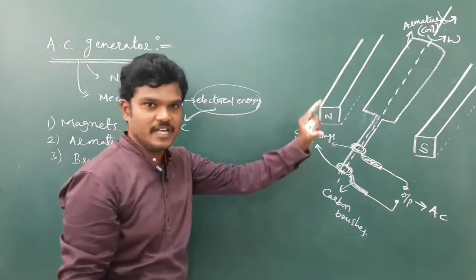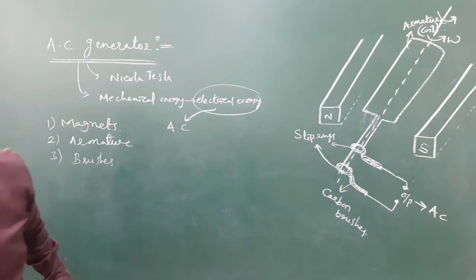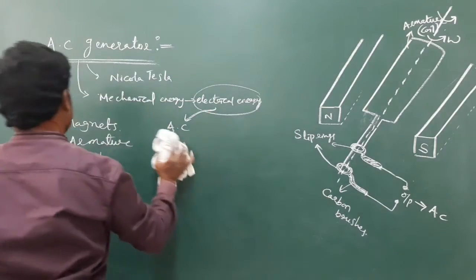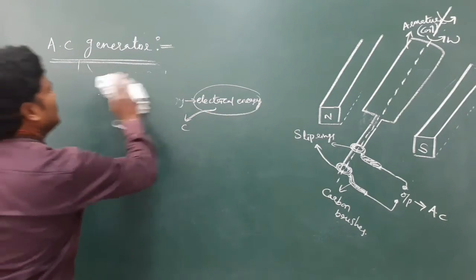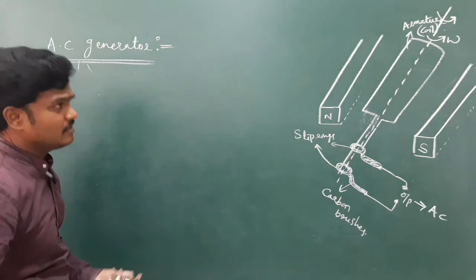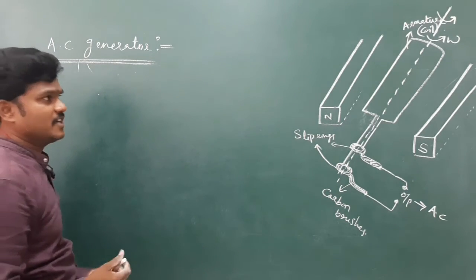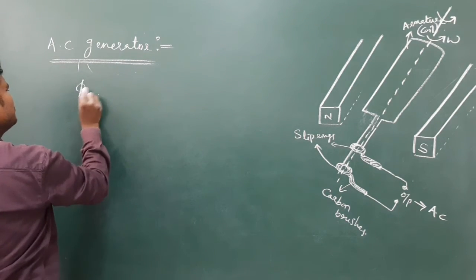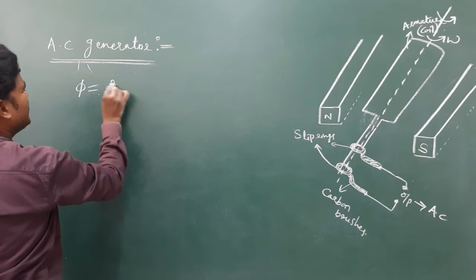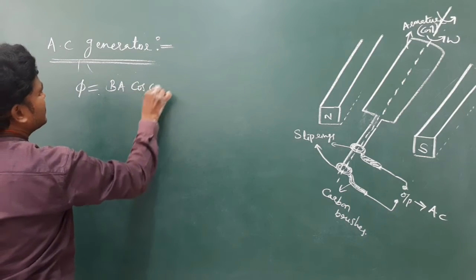Some EMF will be there, and that I am going to find. Let us see. Due to the rotation of the coil, the flux linked with the coil is B A cos theta.